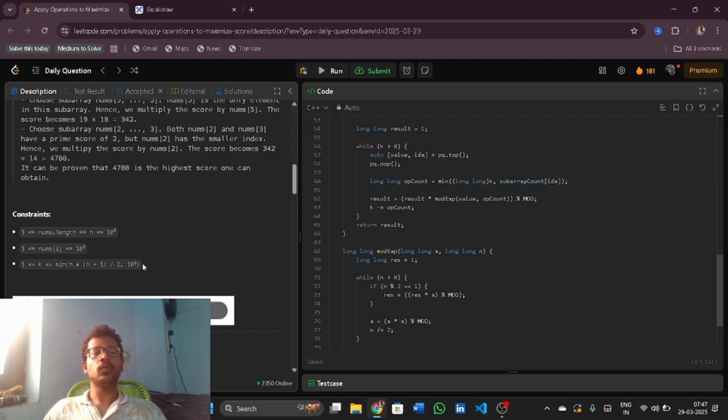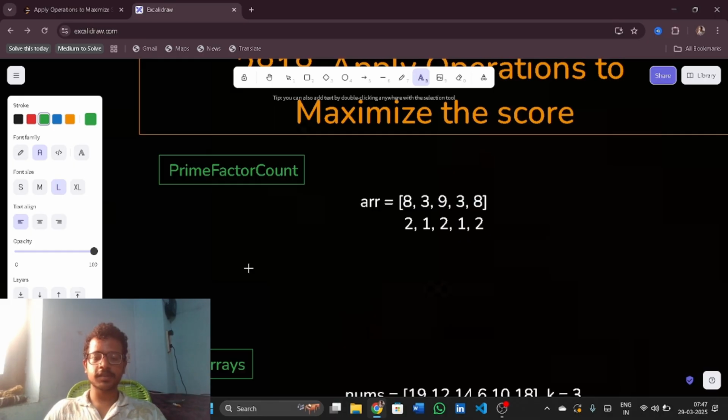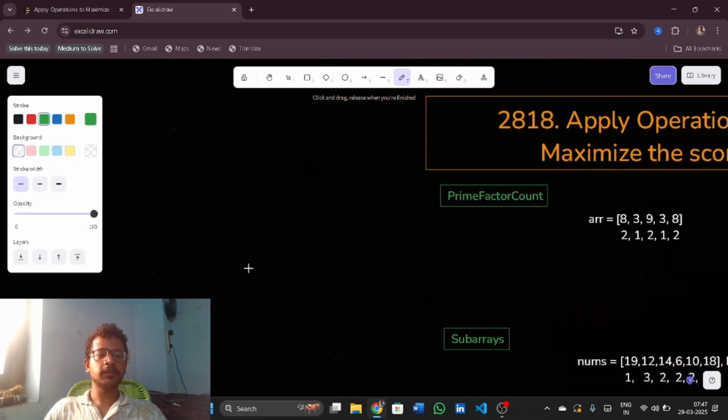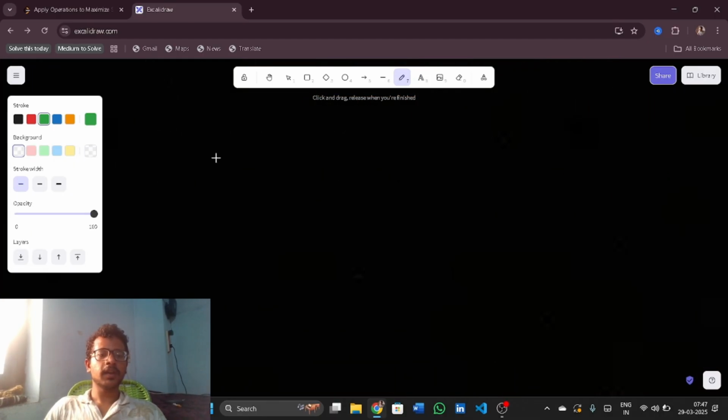That means k can be at most about the number of subarrays. If k is up to half the size, then I can take each and every element. So I can take all the k values. This is the first observation: k is less than or equal to half the size.